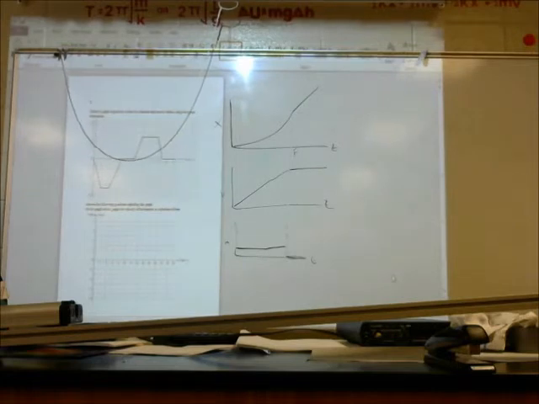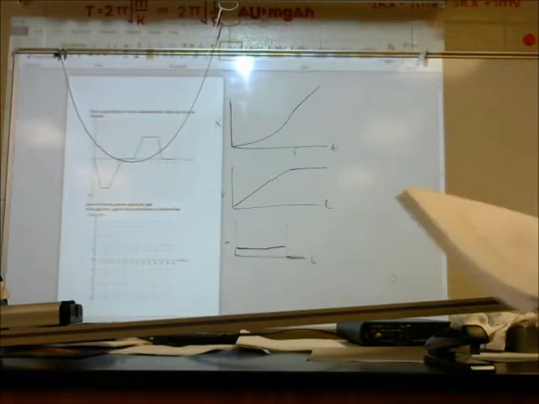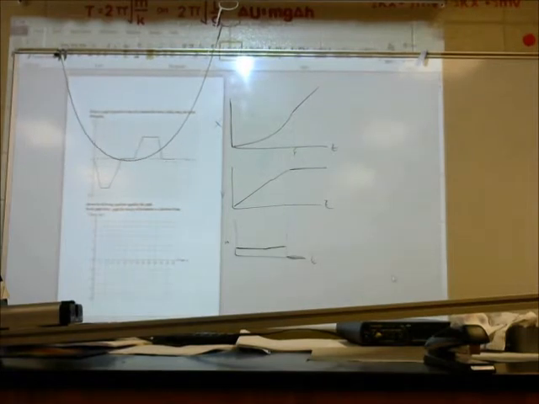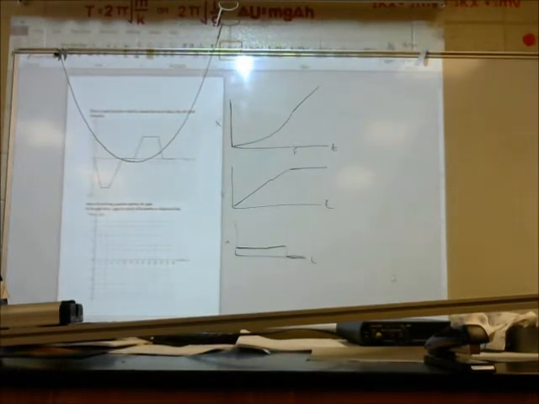All right, so I have a graph that's the same as the one on the overhead. And we're going to look at, initially, how do we move from one graph to another? We'll use some stuff we've talked about over the last couple of days, and then some other information.